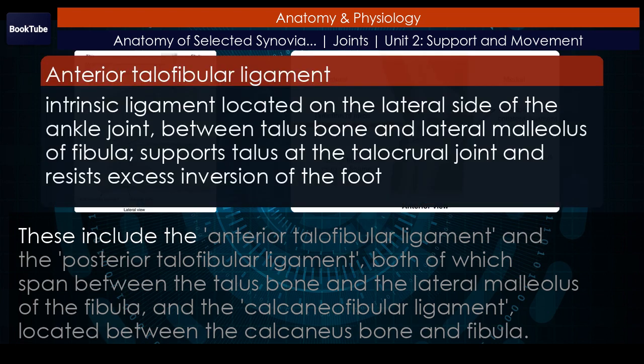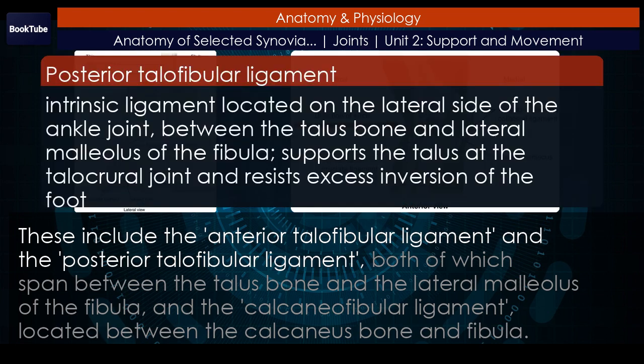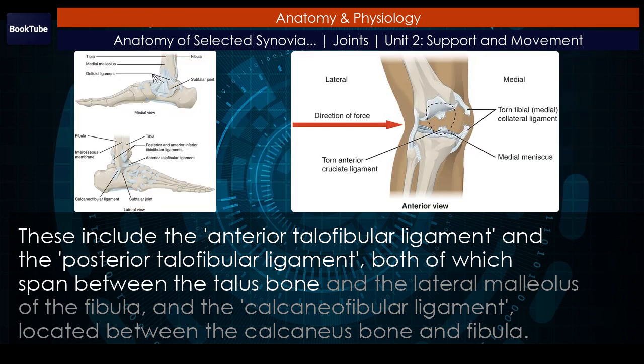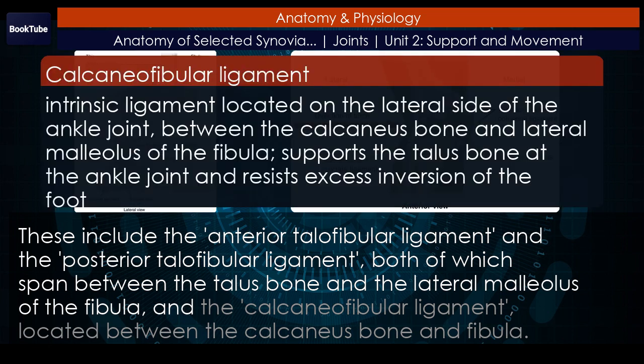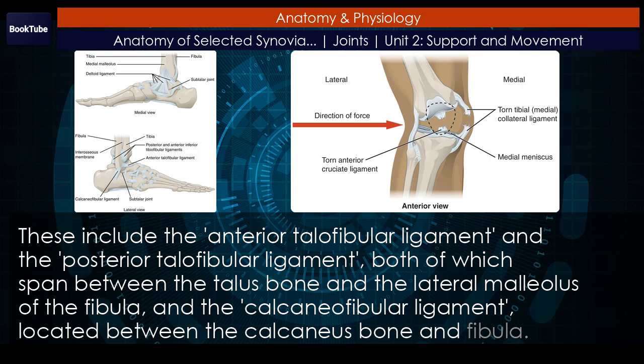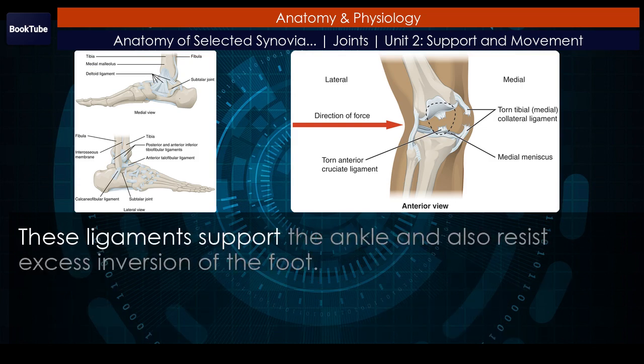These include the anterior talofibular ligament and the posterior talofibular ligament, both of which span between the talus bone and the lateral malleolus of the fibula, and the calcaneofibular ligament, located between the calcaneus bone and fibula. These ligaments support the ankle and also resist excess inversion of the foot.